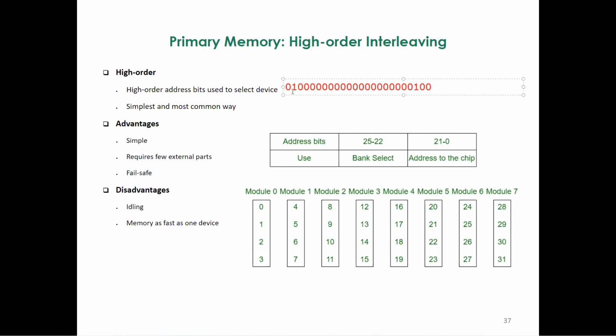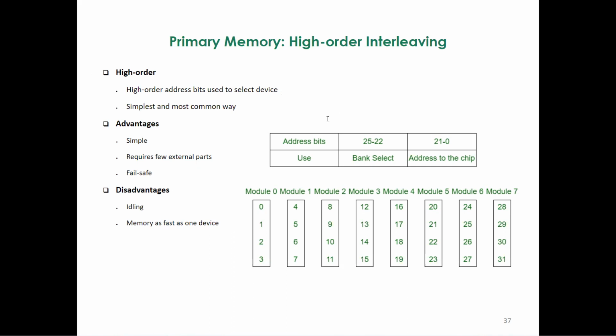Where you have 0, 1, 0, it gives you module 2. The rest of the bits, 0, 0, 0, 1, 0, 0, they give you the address now, which is 8, within your module that you want to access.